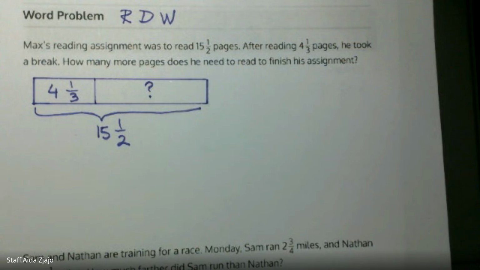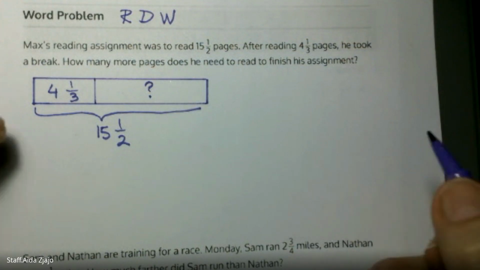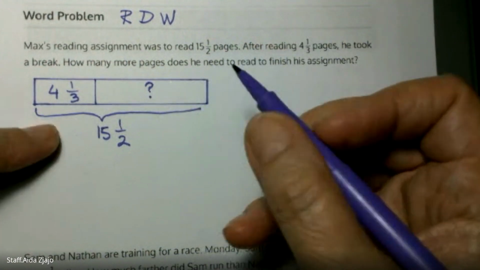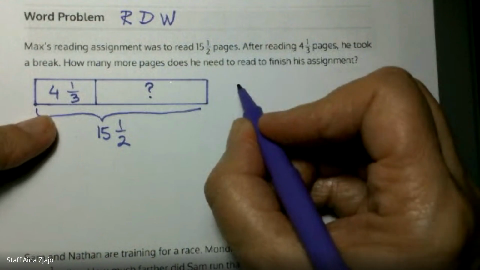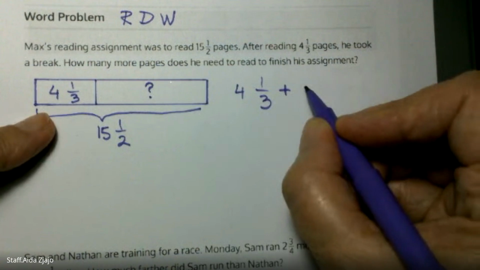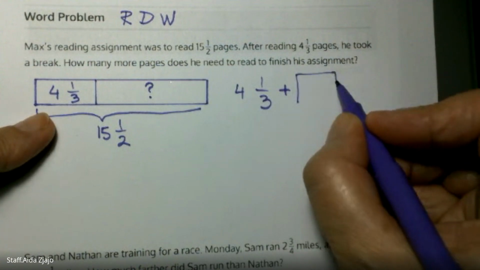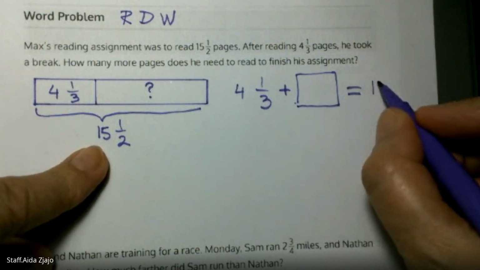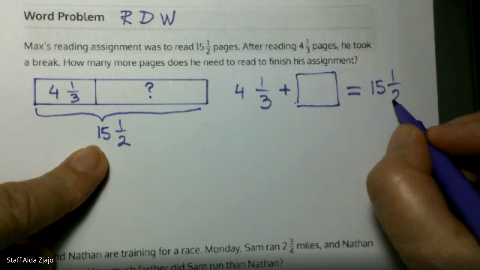So there are two possibilities. This is change unknown, so we can think about 4 1/3 plus some number must be the same as 15 1/2.